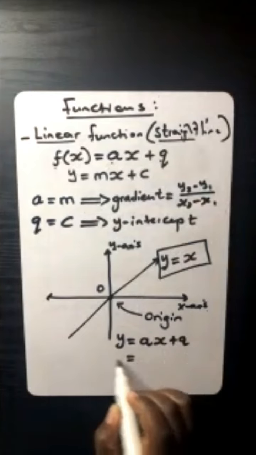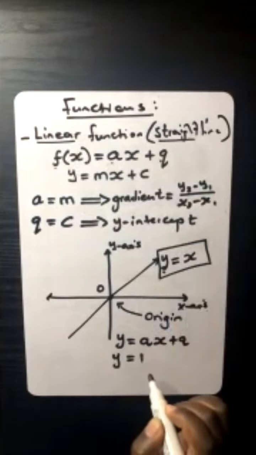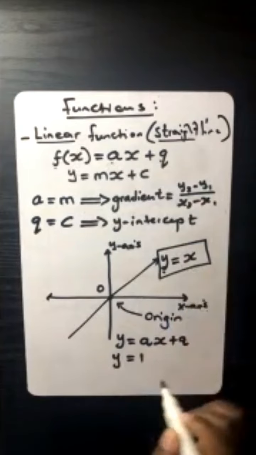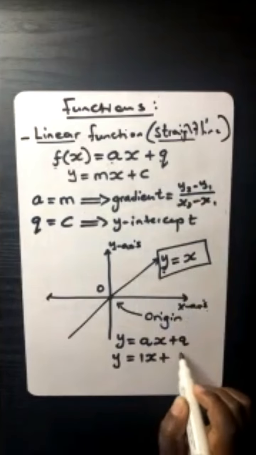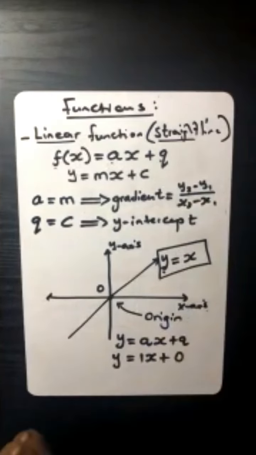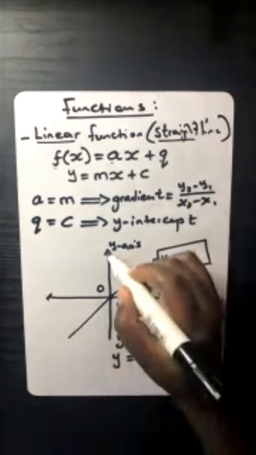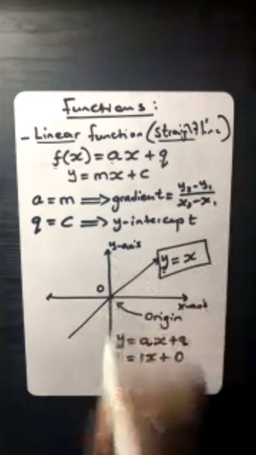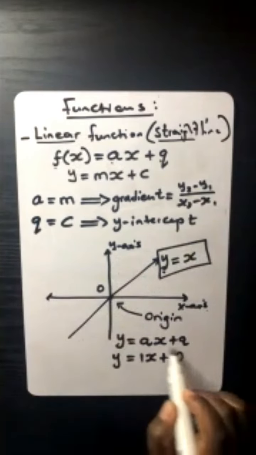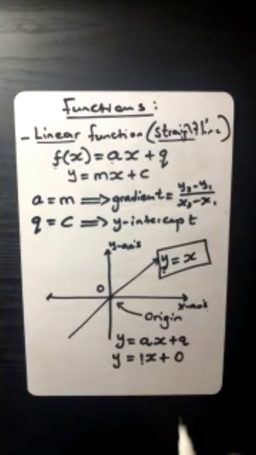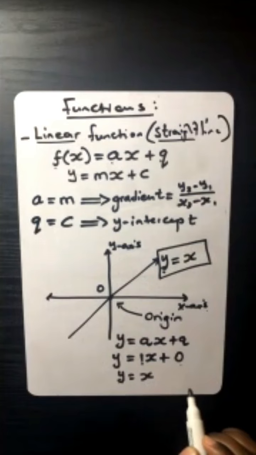So that means y equals 1 being a, that invisible 1 over there, x plus q. What is q? Q is 0. Why is it 0? Because that line touches the y-axis at that point where we know it's 0. Because it's not necessary to write that invisible 1 and that 0, we just say y equals x.